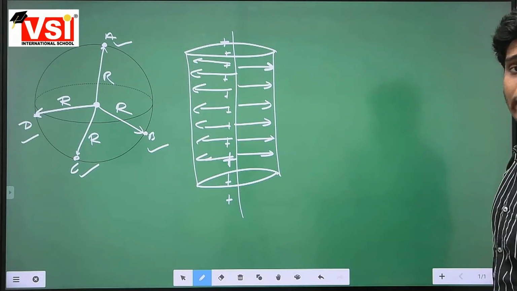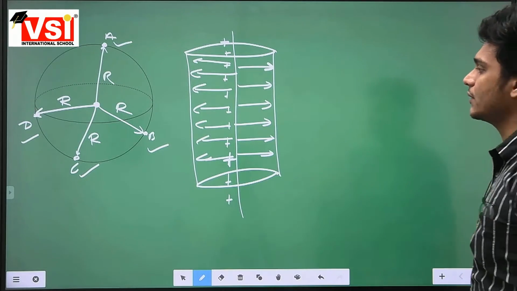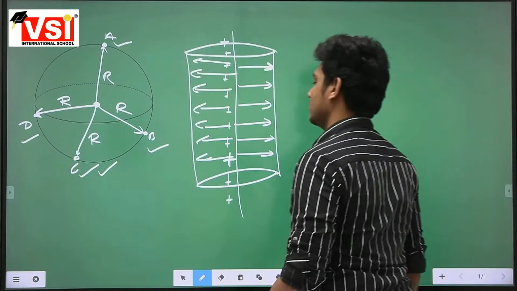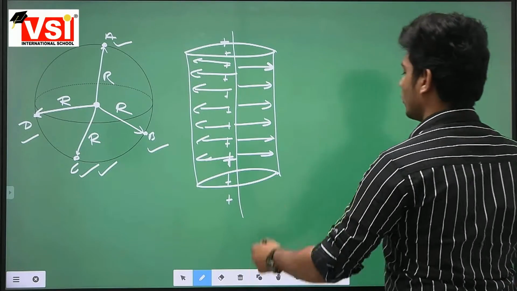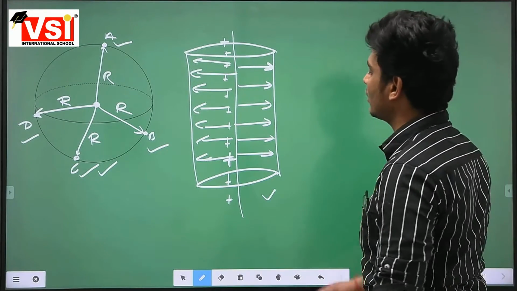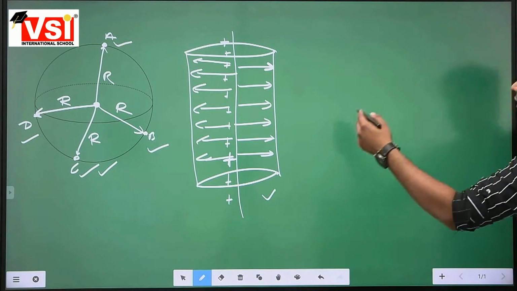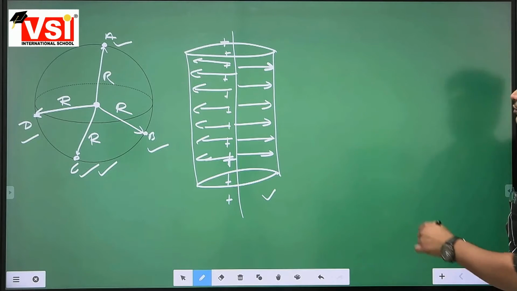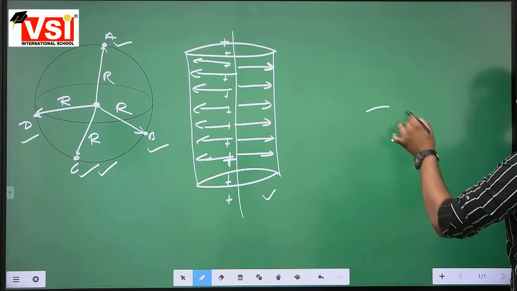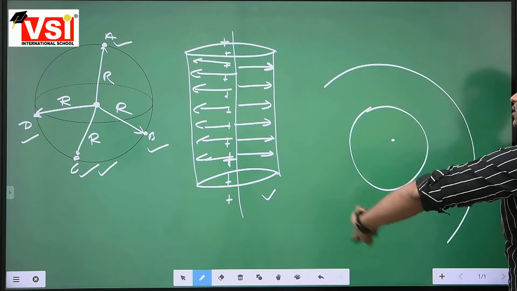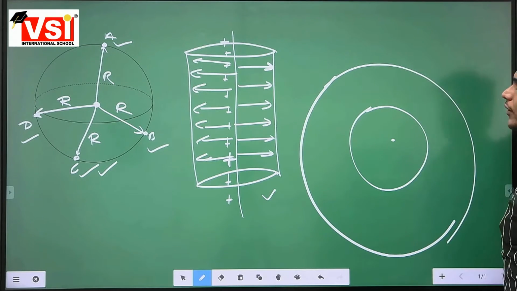We can also relate the surfaces to the Gaussian surfaces. For a point charge, the Gaussian surface is considered a spherical surface, or for the linearly distributed charge we consider the Gaussian surface as cylindrical. And one more thing, there will be multiple surfaces. For example, if it is a point charge, then this sphere is also an equipotential surface, and another sphere is also an equipotential surface.